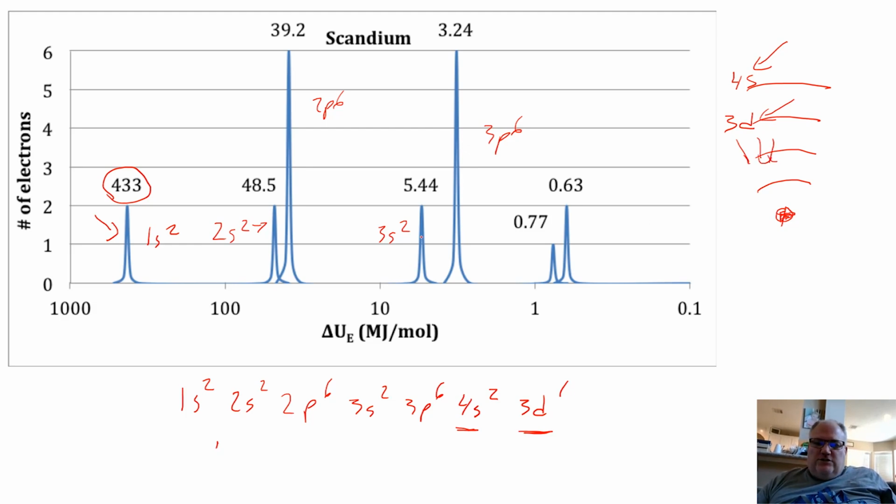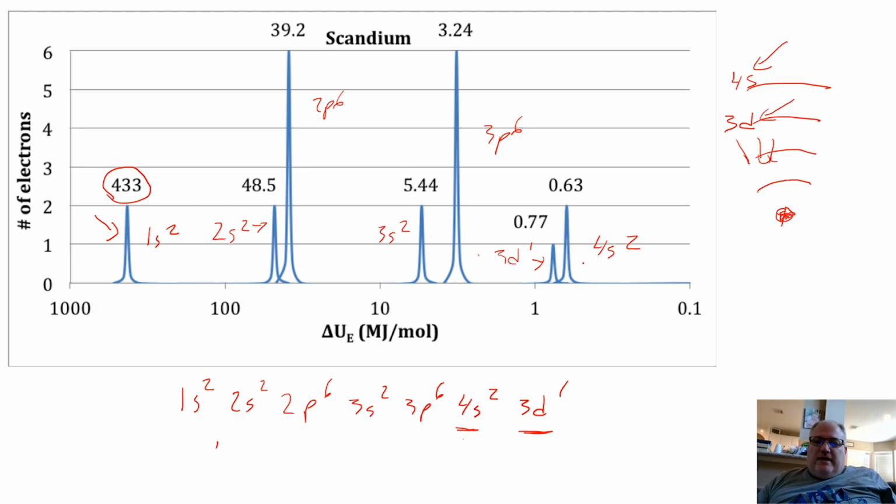So when we're looking at these 2 peaks right here, it's really important to realize that even though the amount of energy that the 4s has is less than the amount of energy that the 3d has, the 4s is held less tightly than the 3d. So this is actually our 3d1 right here, and this is our 4s2.